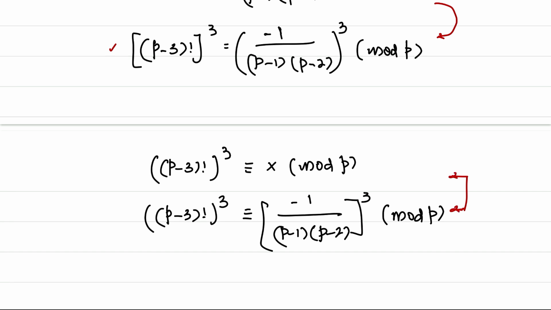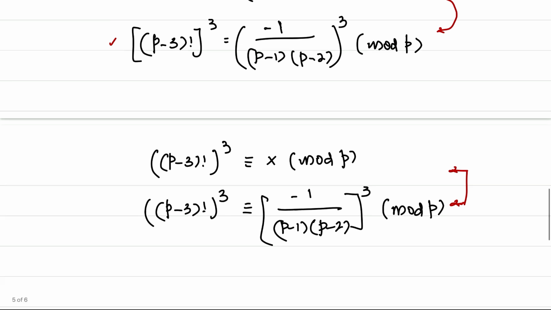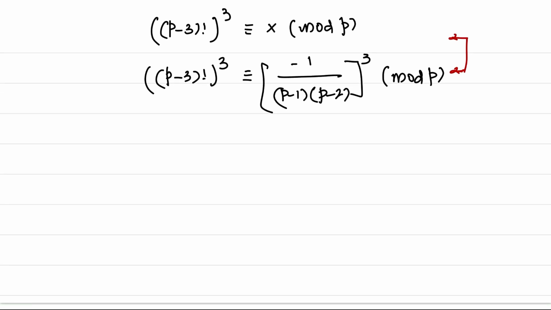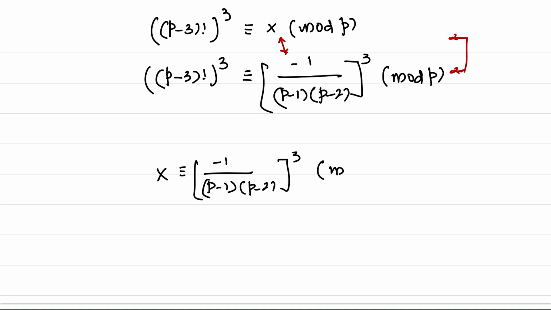The left hand side for both the equations is the same. Hence, can we connect x and minus 1 by (P minus 1)(P minus 2) whole cube from both the equations? When we connect, it will be x equivalent to minus 1 by (P minus 1) into (P minus 2) whole cube mod P.